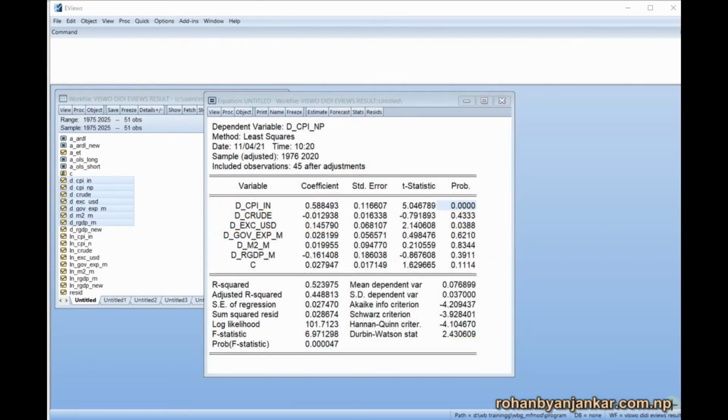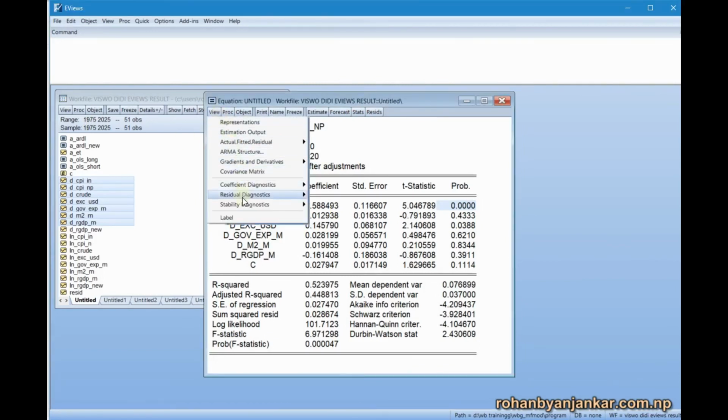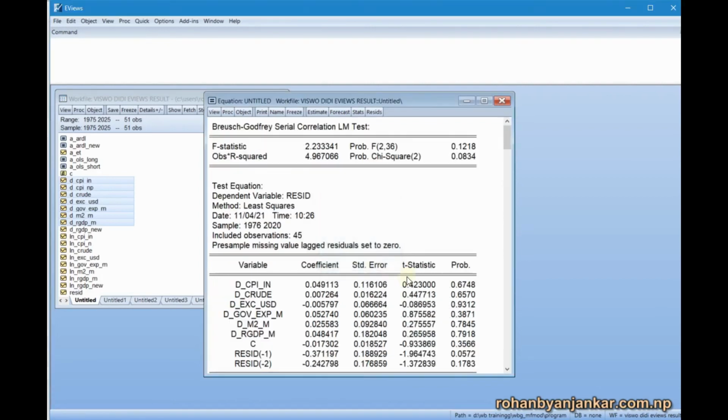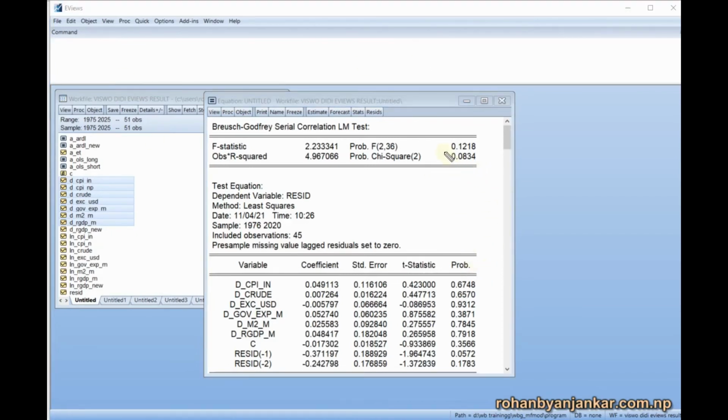So now let's move towards the LM test. For LM test, we will go to view and we will check on residual diagnostic, and we will go to serial correlation LM test. We'll click on it, and now its lag is 2 because it is yearly data; we will keep the lag 2 or 1. Let's click on OK. This LM test confirms that our model is free from autocorrelation. In this case, we must check on this value, and it must be greater than 0.05.